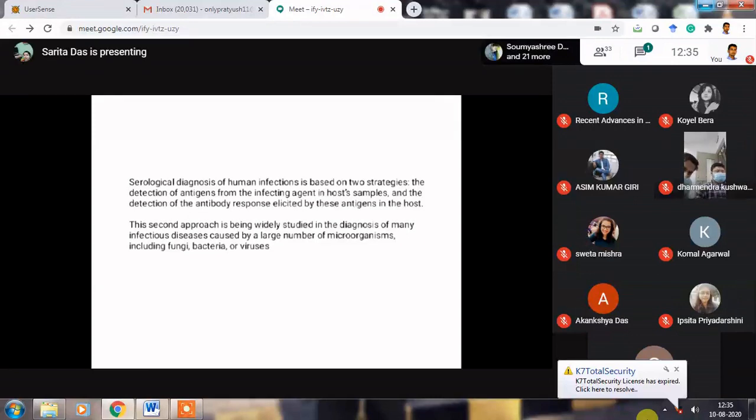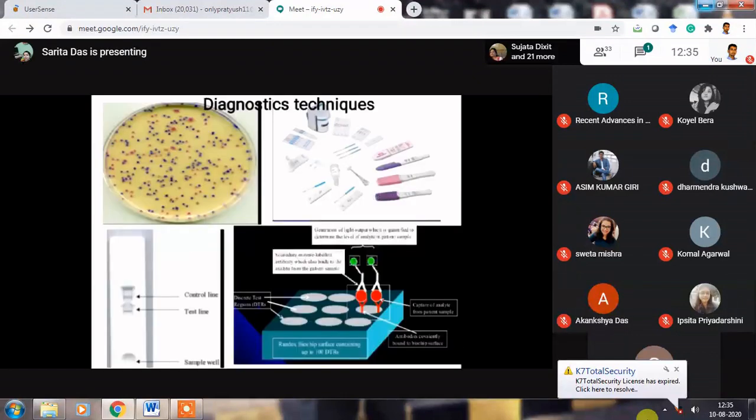The second approach, detection of antibody, is widely studied in the diagnosis of many infectious diseases. Now, this slide shows a comparative account of the early diagnostic techniques, like culturing in a plate and then conducting some biochemical reactions, and currently available techniques using certain ELISA kits.